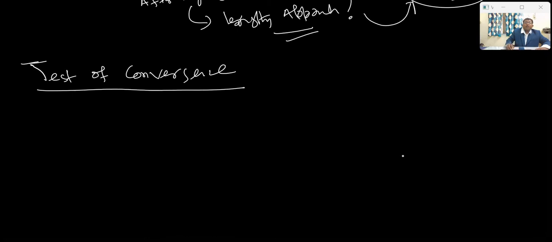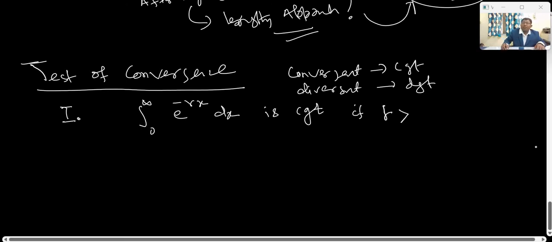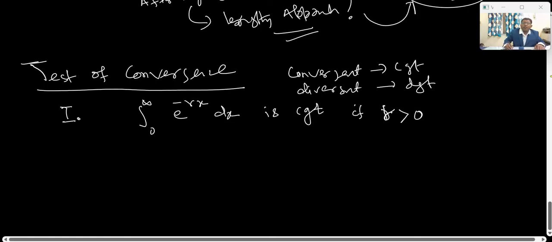There are some standard tests here. The first test: the integral 0 to infinity e to the power minus rx dx is convergent, in short I am writing CGT, and divergent, in short DGT. It is convergent if r is greater than 0, and divergent if r is less than or equal to 0, right?